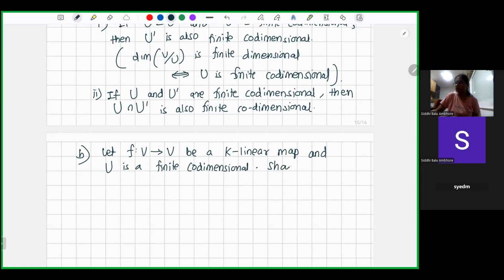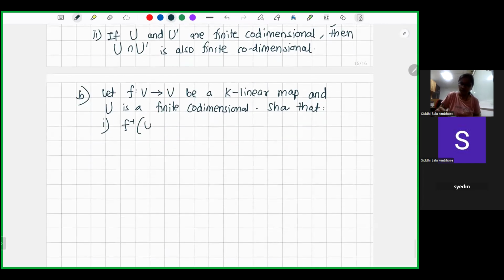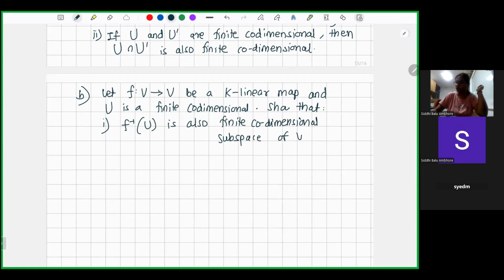Then we have to show that first is that F inverse U is also finite codimensional subspace of V.